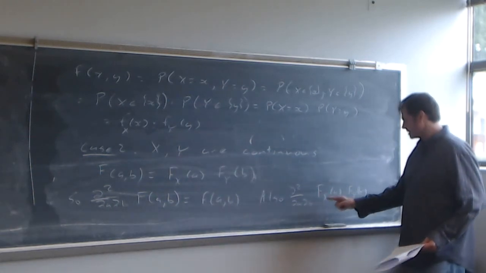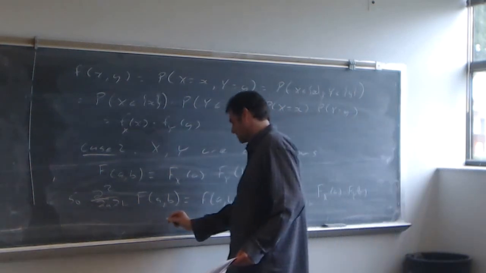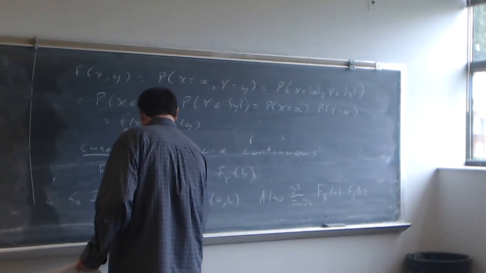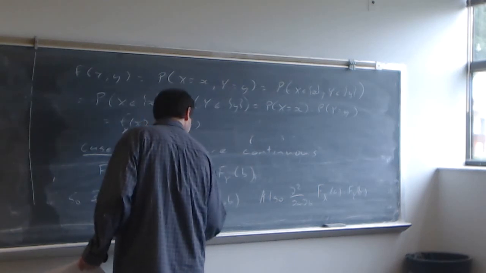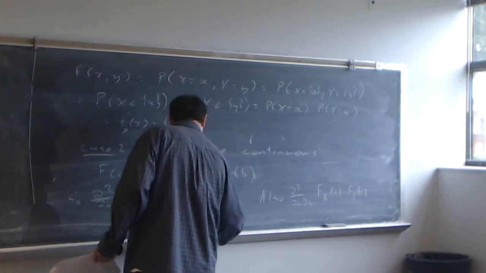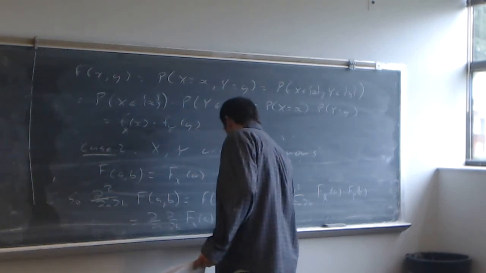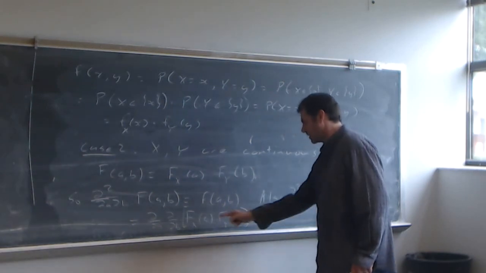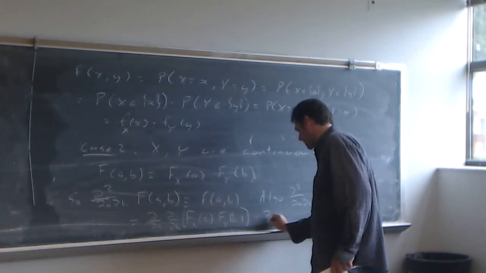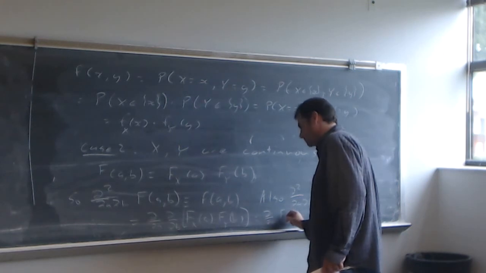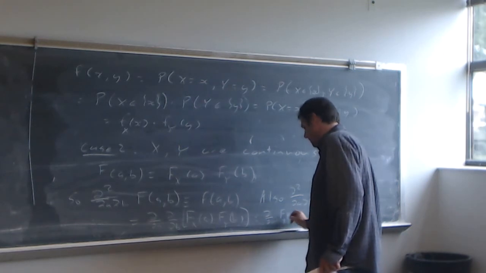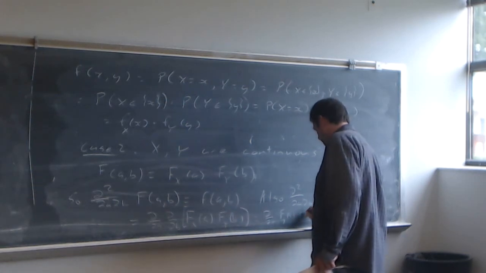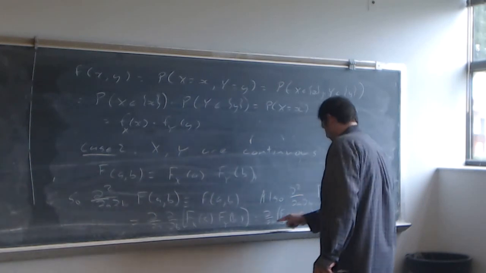So F sub X of a will be a constant with respect to b. Doing the partial with respect to b first, this is a constant, so this is equal to the partial with respect to a of F sub X of a times the partial with respect to b of F sub Y of b, but that's just f sub Y of b, and that's a constant with respect to a.